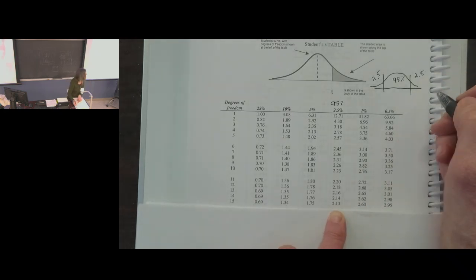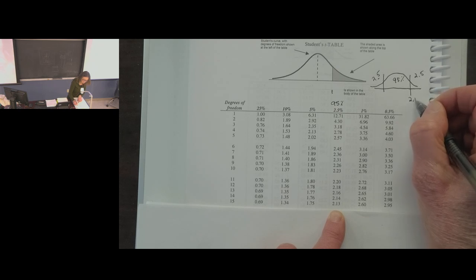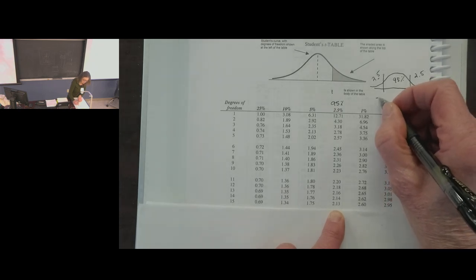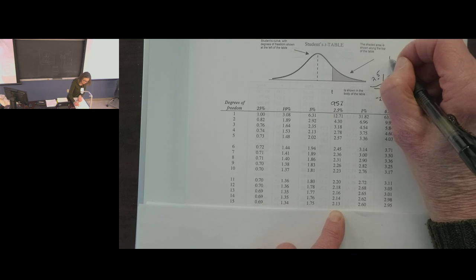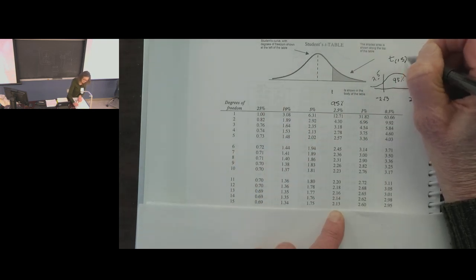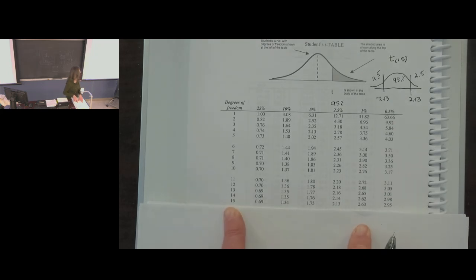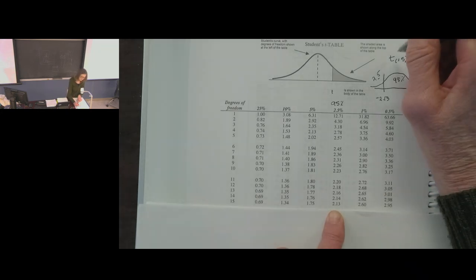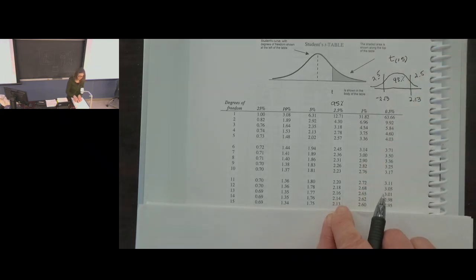It says 2.13, between 2.13 and negative 2.13 on the t, with 15 degrees of freedom, right here, that is our critical, that is T star. So T star right here, with 15 degrees of freedom for a 95% confidence interval. These are the critical values, okay? Does this make sense?